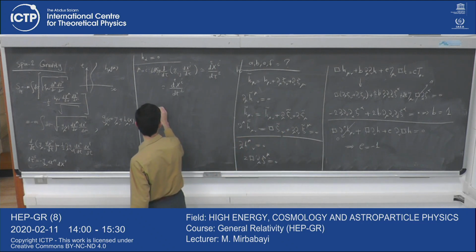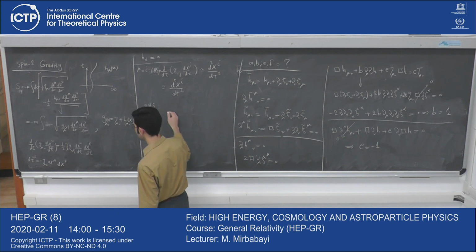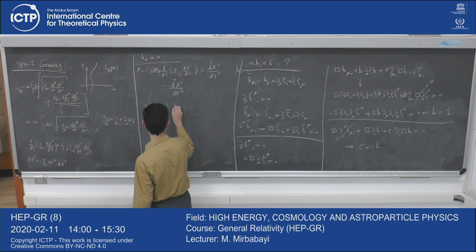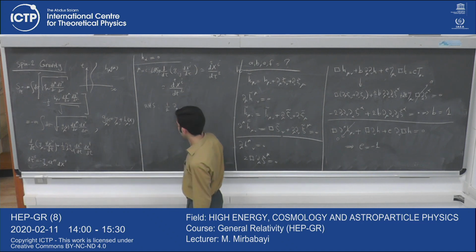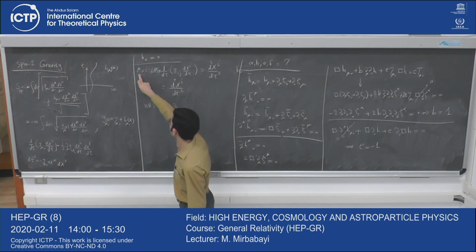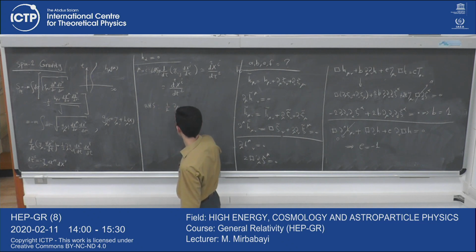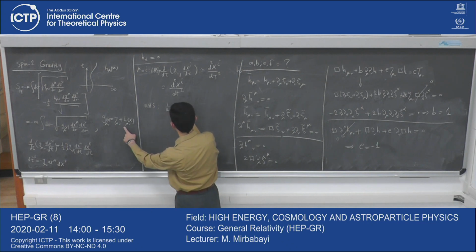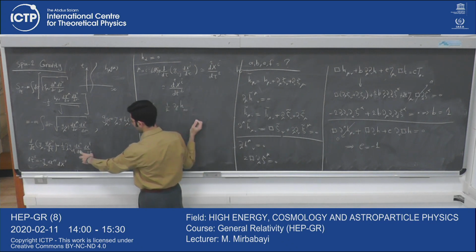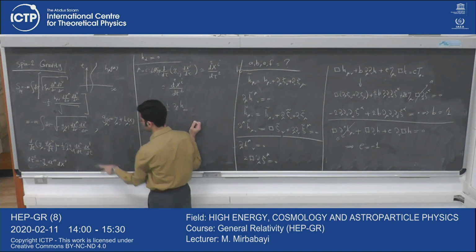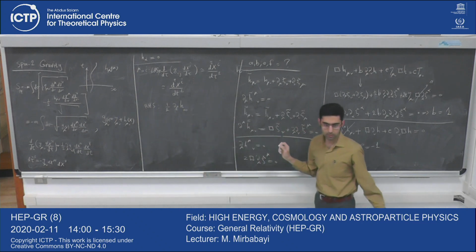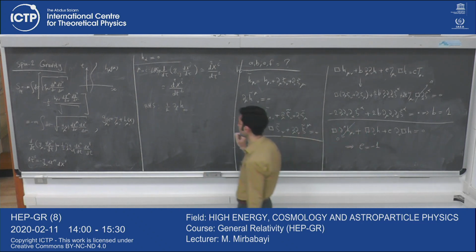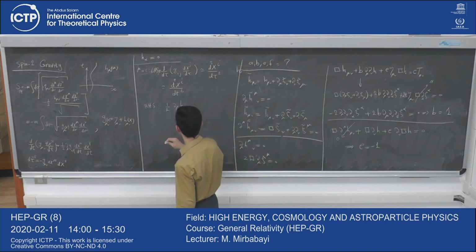So the right-hand side would be 1/2 ∂_μ, again we are looking at μ equals i, so 1/2 ∂_i of g_00, the ∂_i of η is 0, so I can write just ∂_i of h_00 times the zeroth component of the 4 velocity, which is almost 1 in the non-relativistic limit. So that's the right hand side.